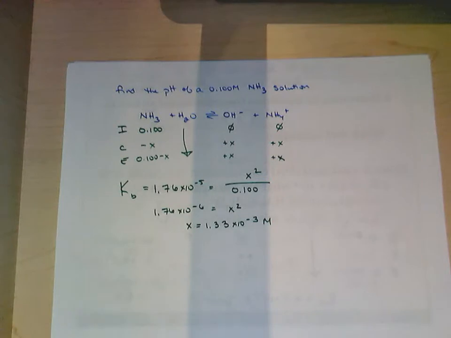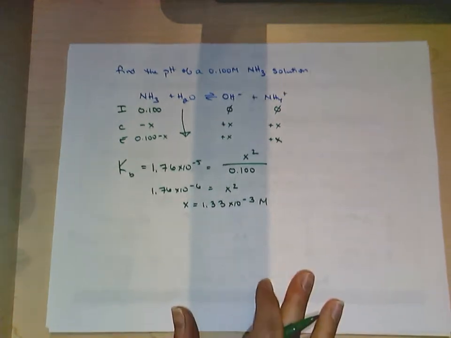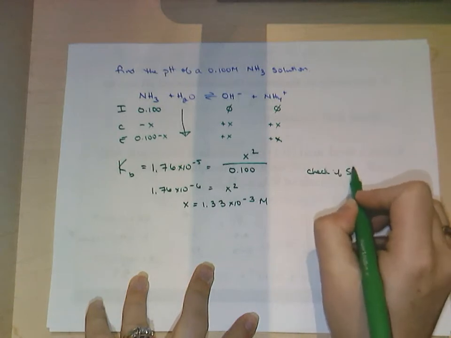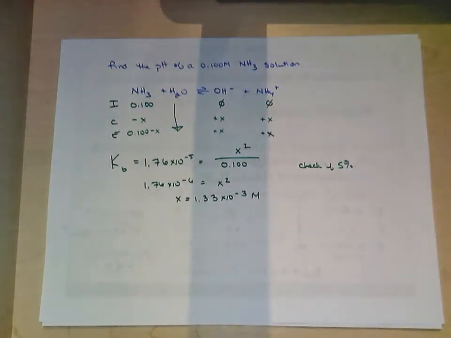All right, so now I have an X value. We need to check if it's truly less than 5%. Did I make a good assumption?